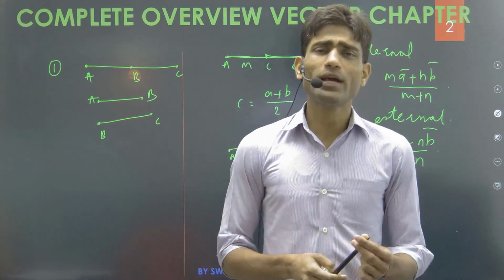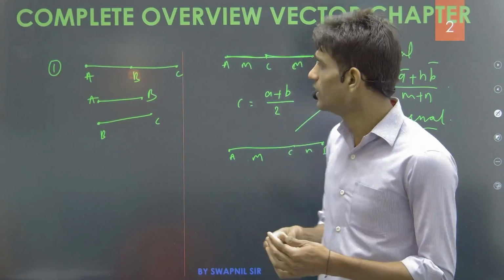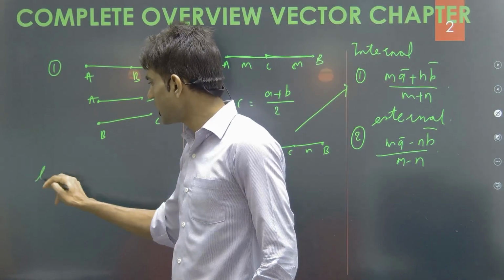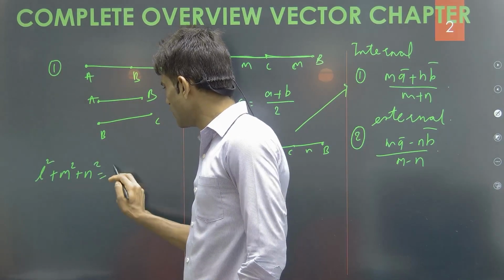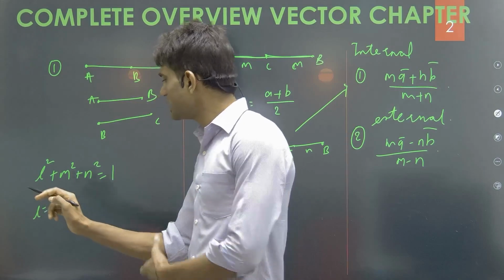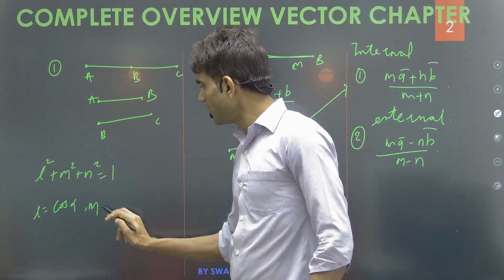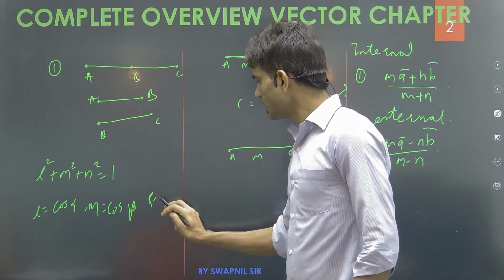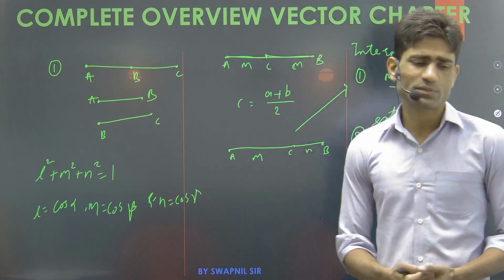After that we have some conditions for finding the direction ratios and direction cosines. For this we use a standard result: l square plus m square plus n square is equal to 1, where l is cos alpha, m is cos beta, and n is cos gamma.